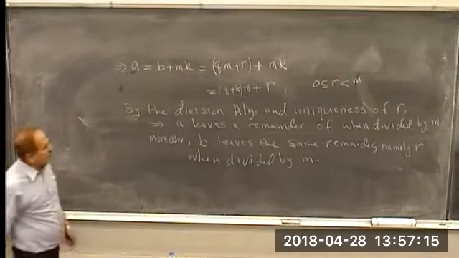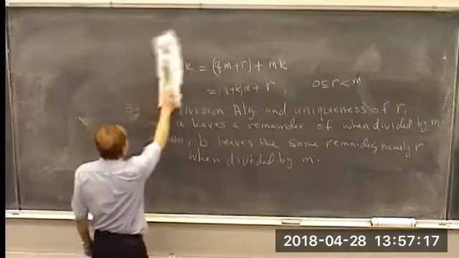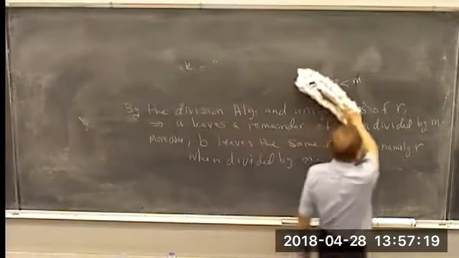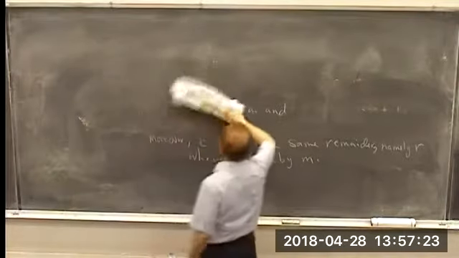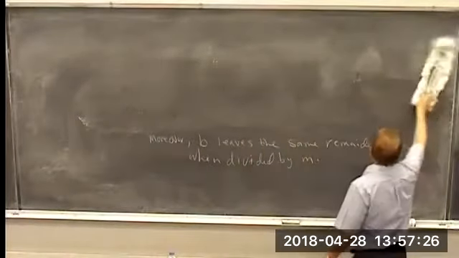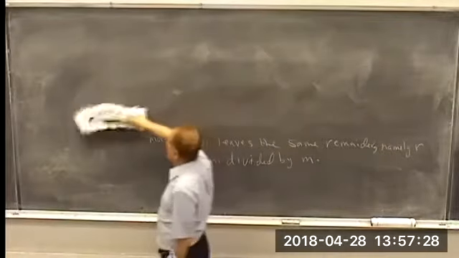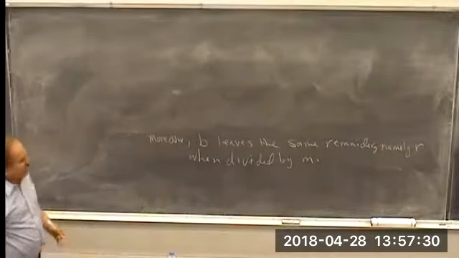Let's go the other way around. Let's assume that when we divide A and B by M, we get the same remainder. And this remainder, of course, we can obtain via the division algorithm.